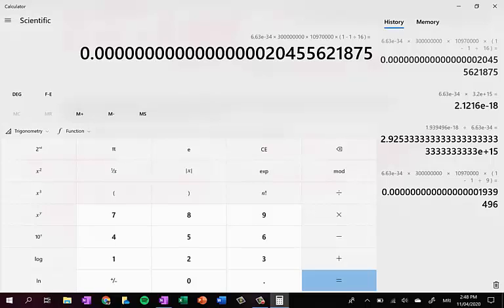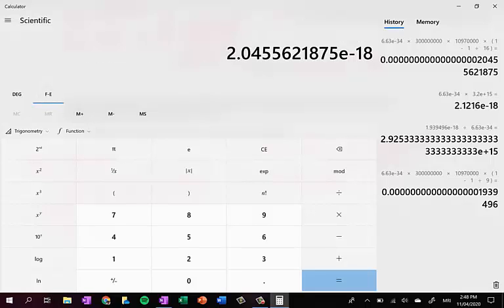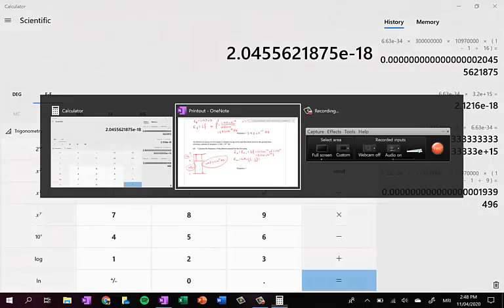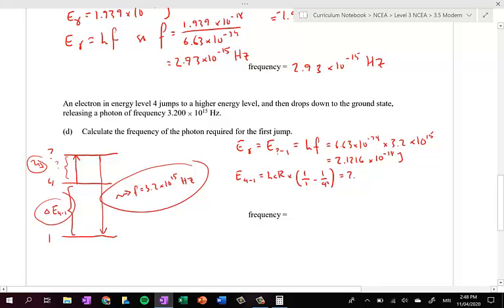That gives us, in scientific notation, 2.04556 times 10 to the negative 18 joules. So we can see that this one is smaller than that one, which makes sense because this jump here should be smaller than that jump there.